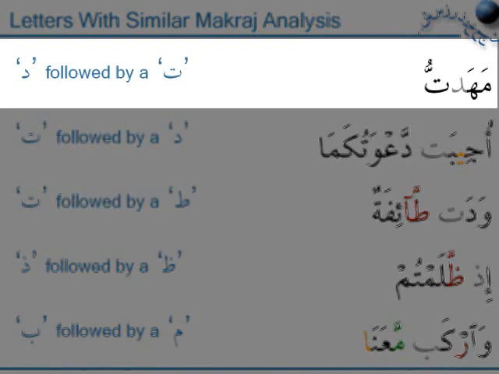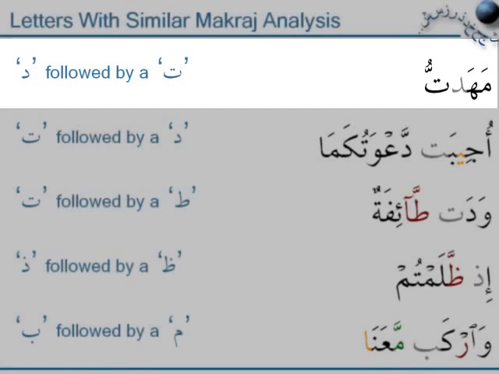First rule then, or the first example of this rule, is dal followed by a ta. So this word we have here is ma hat tu. Okay, so the dal followed by the ta. The dal is sakin, so in this case we're going to totally ignore the dal, and we've done it in grey. So you join the ha to the ta. So ma hat tu.